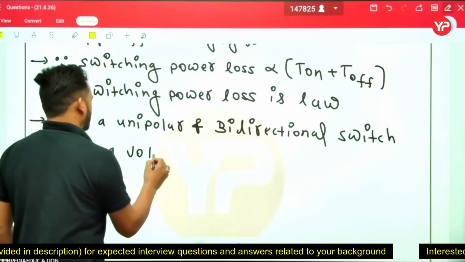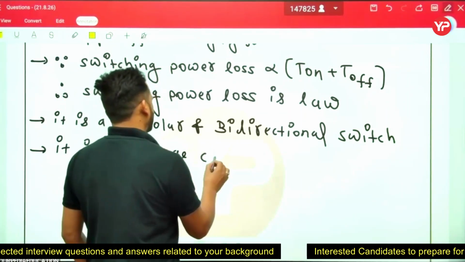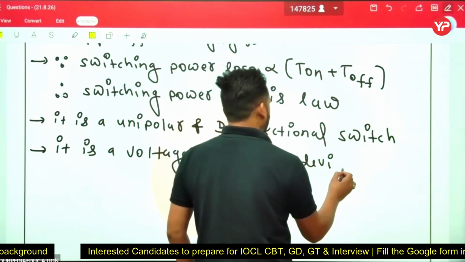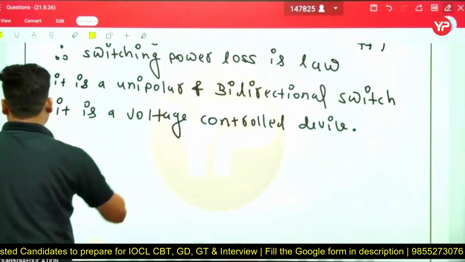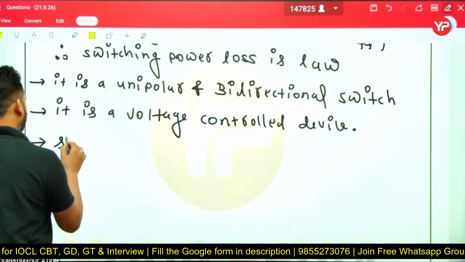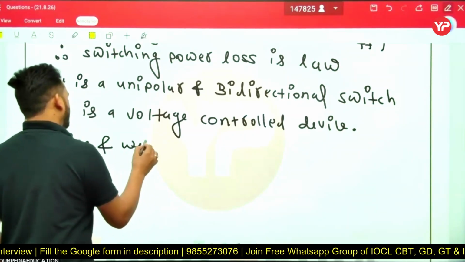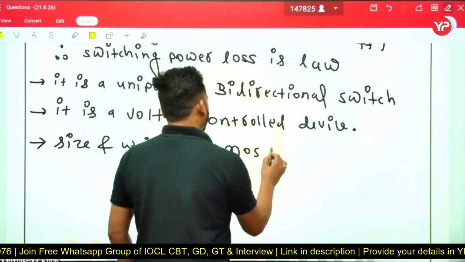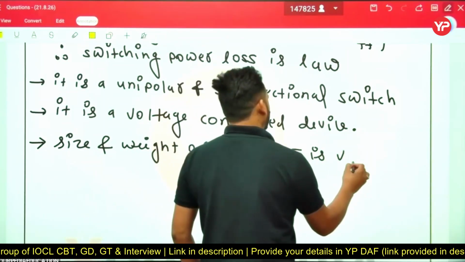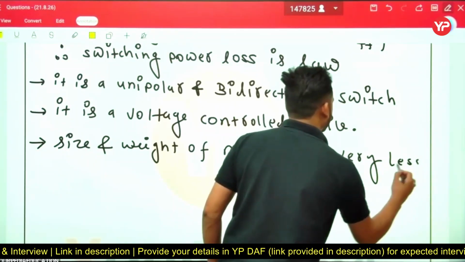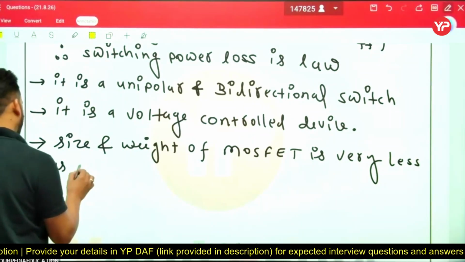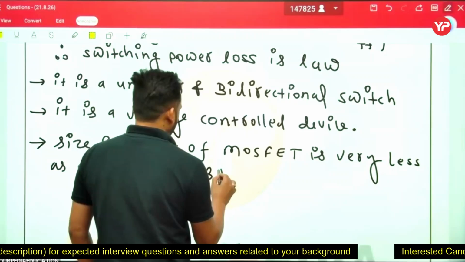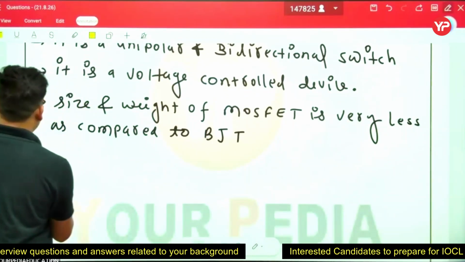It is a voltage controlled device. Size and weight of MOSFET is very less as compared to BJT.